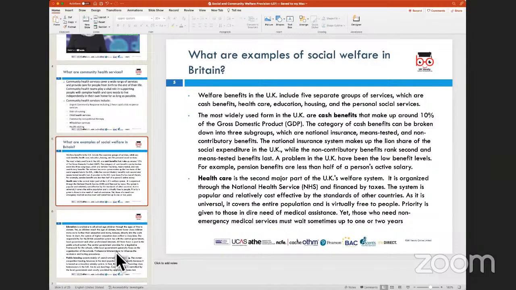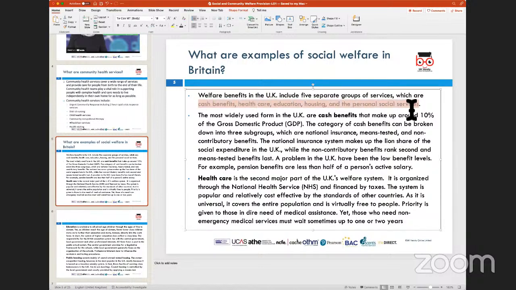Now, I've explained some of these in a bit more detail, but the crux of it is that when we talk about healthcare, after World War II, when the National Health Service was established, the government took a decision that healthcare services would be provided and funded by the government and financed by the taxpayer. And that is where these services would be available virtually free to all people within the UK. So when we talk about social welfare and related services, these are the five that we would need to mention and refer to, and they include the universal tax credit system.